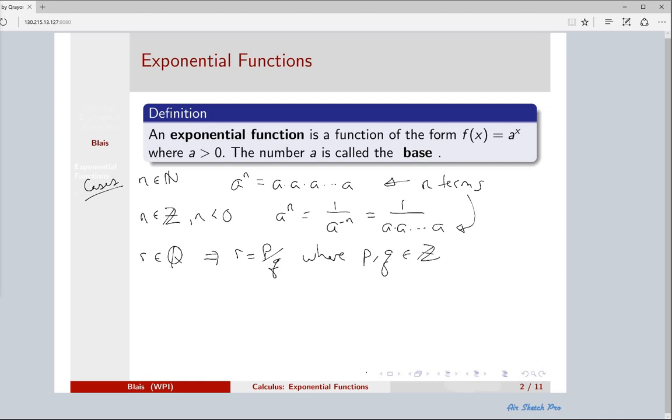And in that case, a to the r is a to the p over q, which we're used to doing, where you would say this is the qth root of a to the p, or the qth root of a raised to the p. So these are all ideas that we're used to.